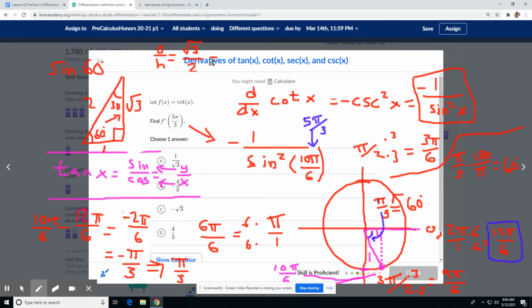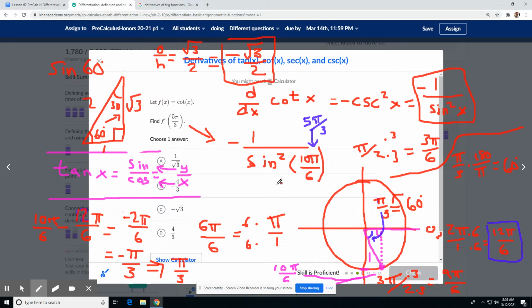So sine of 60, I get negative radical 3 over 2 as my final answer. Negative radical 3 over 2. Let's see. Not one of our solutions. Not one of our solutions.